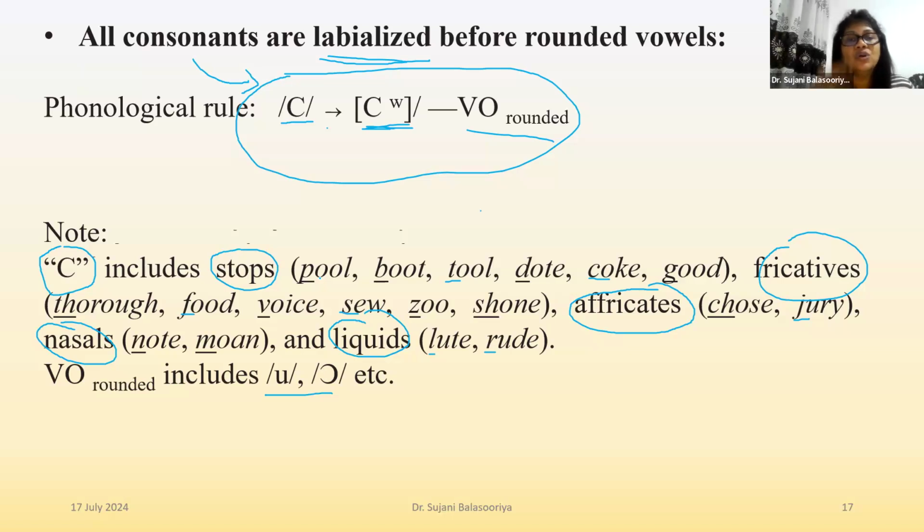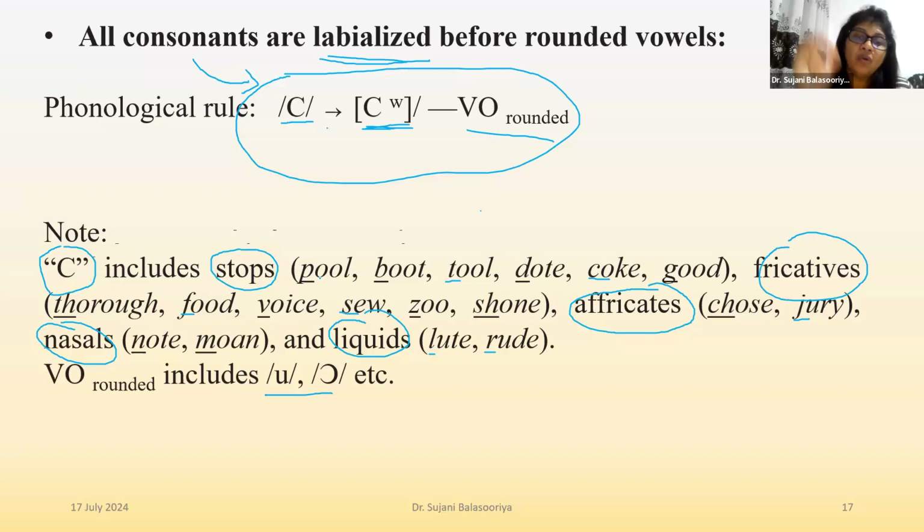There also, you round your lips. Normally, when we say p, we don't have to round our lips. I can pronounce p like this, without rounding my lips. But when I say the word pool, I automatically round both lips, even when I am pronouncing p. Why is that? Because the following sound is a rounded vowel.